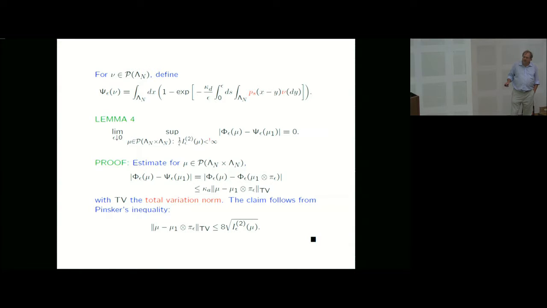When you let epsilon go to 0, by an inequality that Andrea yesterday had on his screen, Pinsker's inequality, this can be bounded by this pair distribution function. Whenever 1 over epsilon times this is finite, this is of order epsilon, so this is getting very small, and that's why this difference is 0. So you do it properly, and I put a little exclamation mark here, because you have to worry about what happens when this rate function is very large, but never mind.